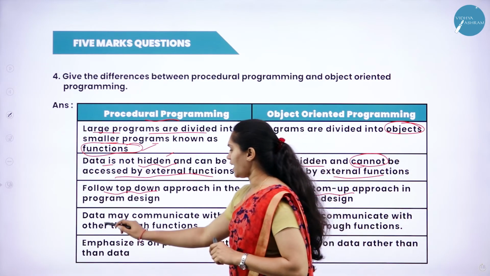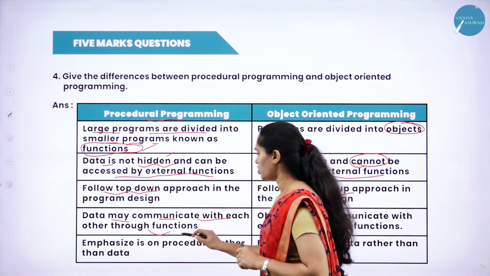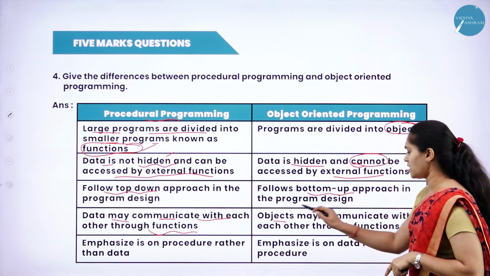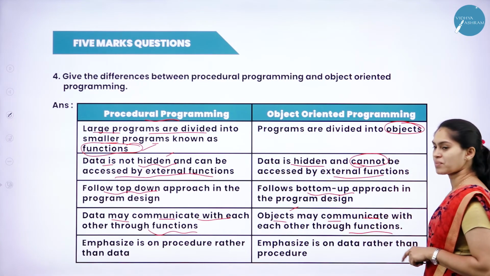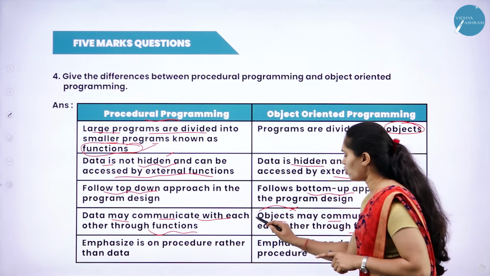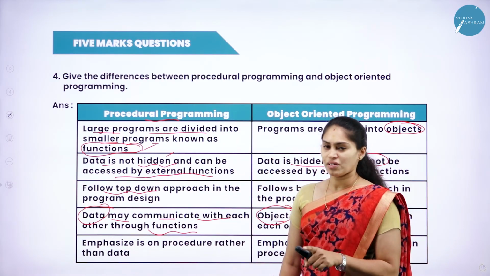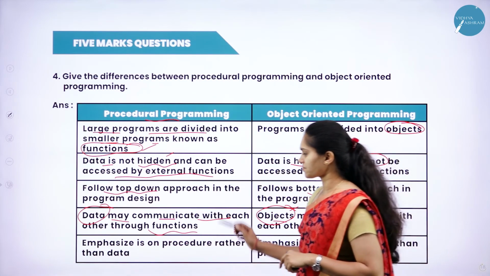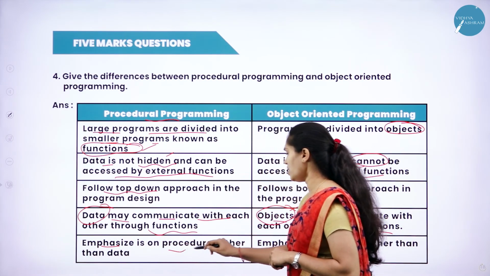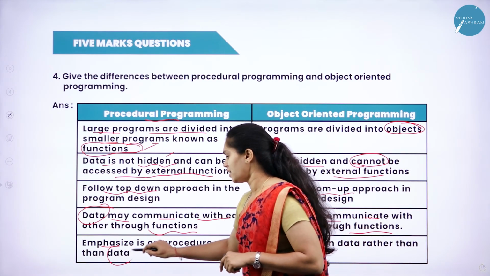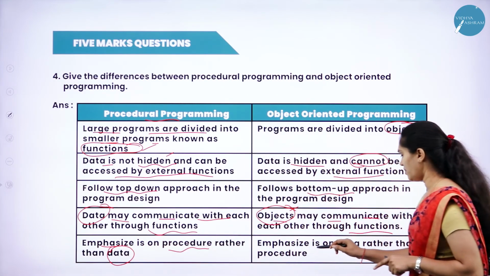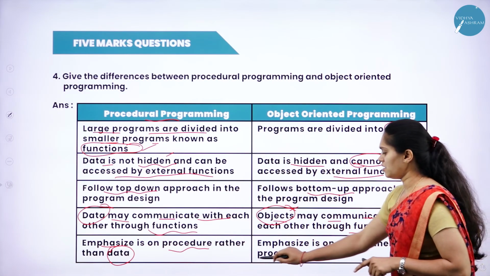Then in POP, data may communicate with each other through functions. In OOP, objects communicate with each other through functions. Here we give more weightage to the object, while there we give more weightage to the type of function we are using. POP mainly emphasizes procedure rather than data, but OOP mainly emphasizes data rather than procedure.